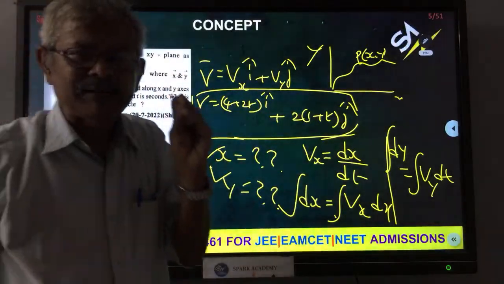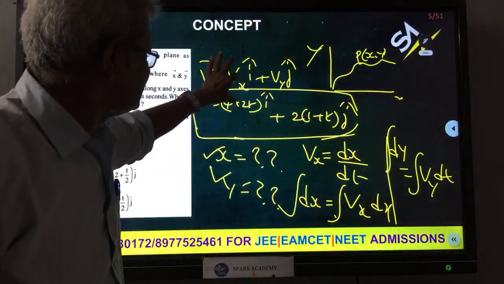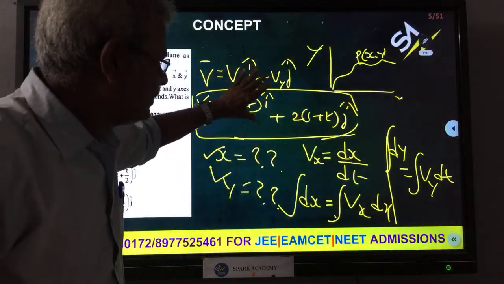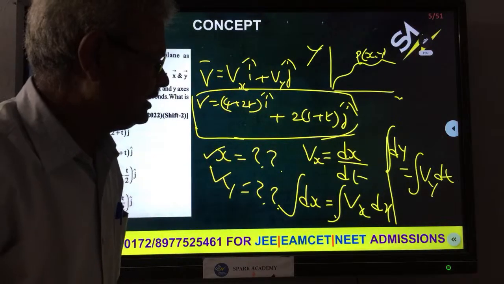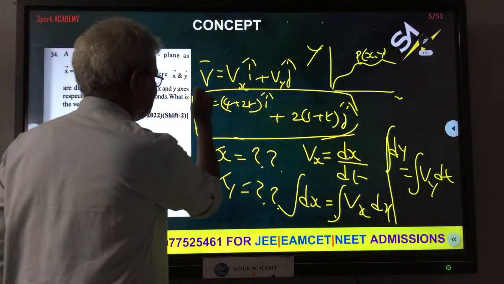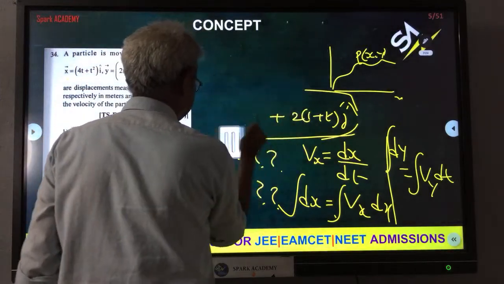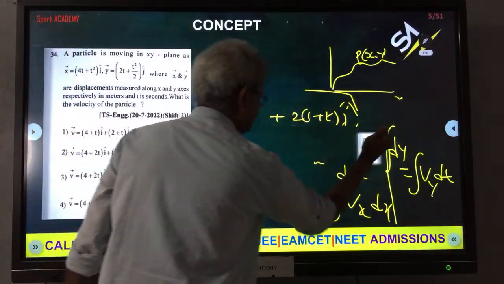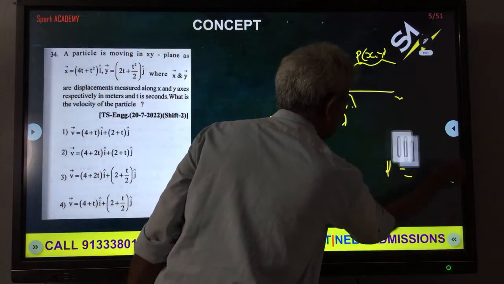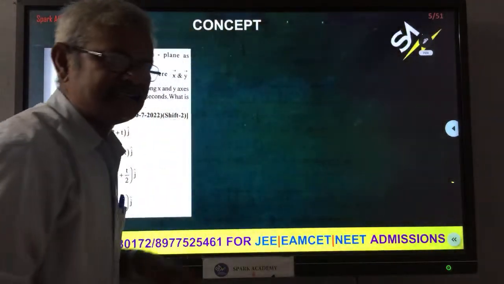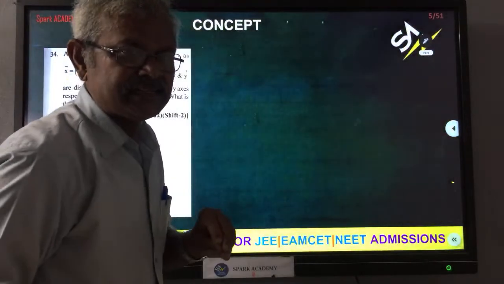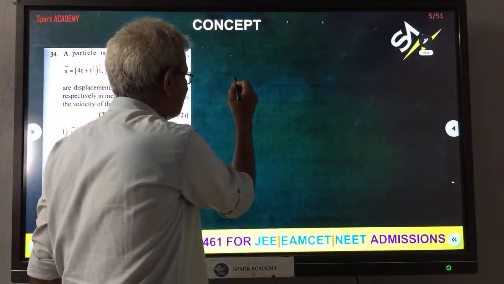So in any chapter, if the question consists of a function of time, you have to check whether it is differentiation or integration. Now we will switch to the next question. Suppose the same thing, if the question is what is the acceleration? Again we have to differentiate.